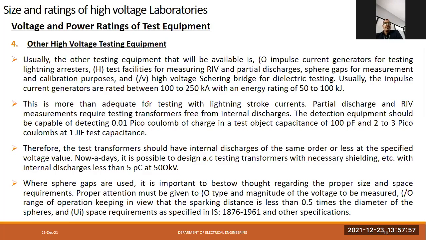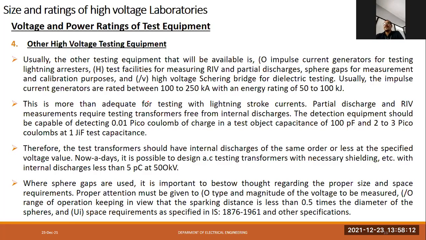The main thing is that whenever there is a lightning stroke or heavy high current, there is a requirement of RIV as well as partial discharge measurement. Compared to a testing transformer, there may be some internal discharges, and we should keep the system free from these discharges.